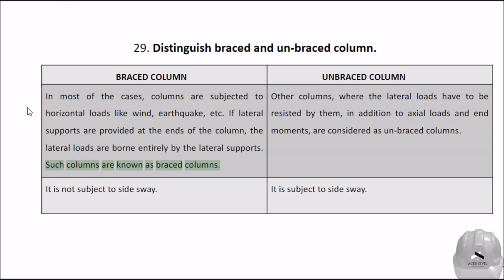Such columns are known as braced columns. Other columns, where the lateral loads have to be resisted by them, in addition to axial loads and end moments, are considered as unbraced columns. A braced column is not subject to side sway. An unbraced column is subject to side sway.